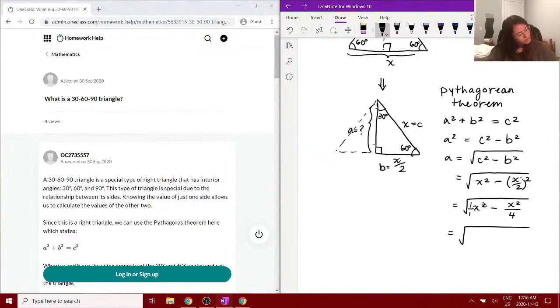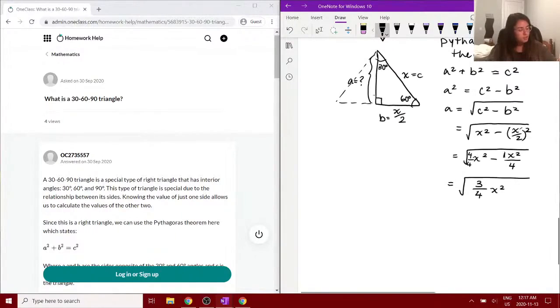If we want to subtract the fraction, we can multiply it by 4, so it's 4 over 4. Sorry, that might not be clear anymore. Okay, and then 4 minus the 1 from here, we have 3 over 4, x squared. If you're unsure, you can go through that 1 minus 1/4 again. But yeah, you will get this.